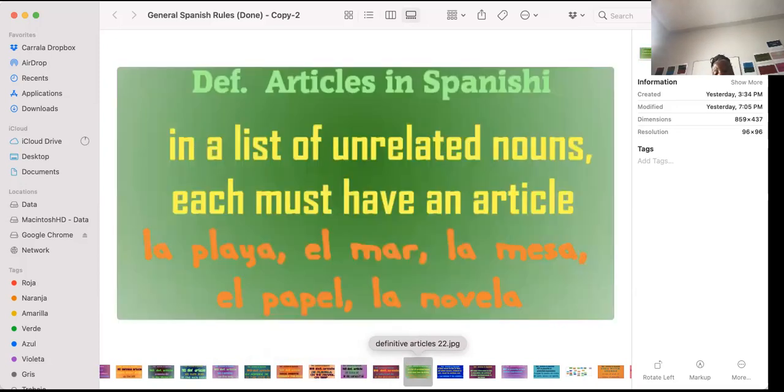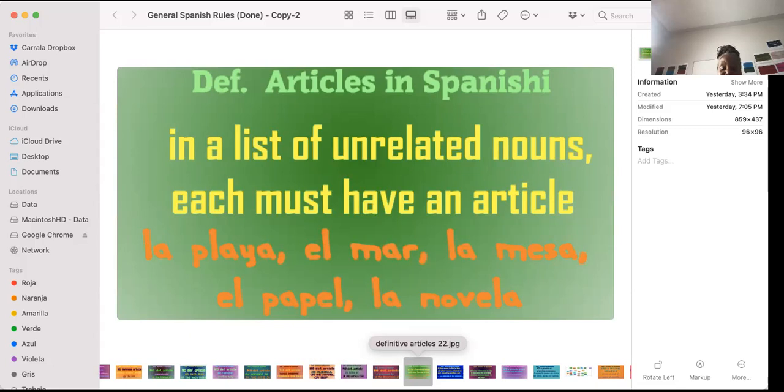Okay, so now we go into something a little bit different. In a list of unrelated nouns, each must have an article: la playa, el mar, la mesa, el papel, la novela. But now we're going to go to the buts.